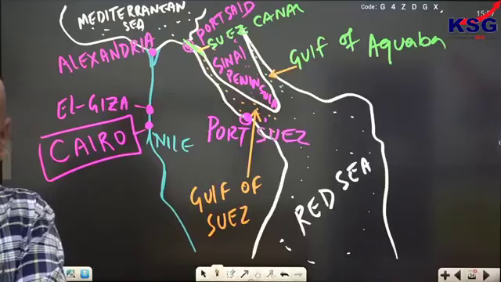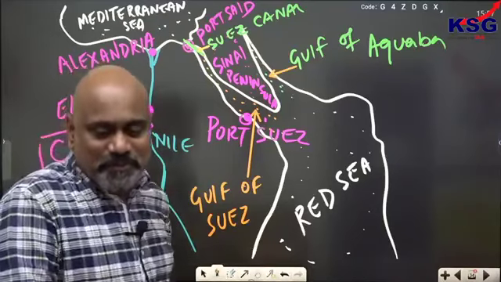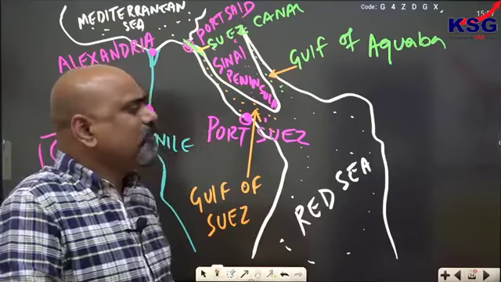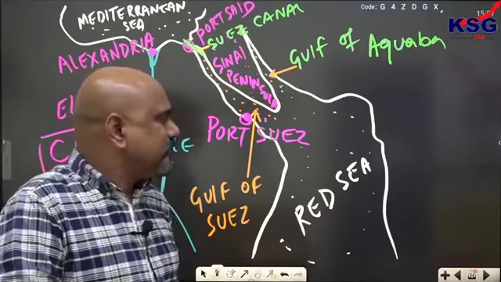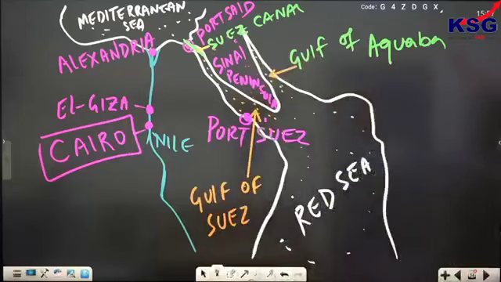Suez Canal, busiest canal here. Okay, Suez Canal is here. Hope all of you got this. So, as I just have mentioned, any question of anyone? किसका कोई क्वेश्चन है क्या बताइए? Any question?